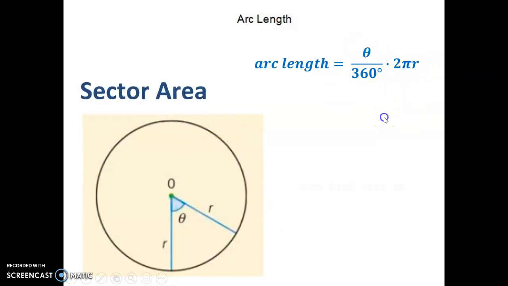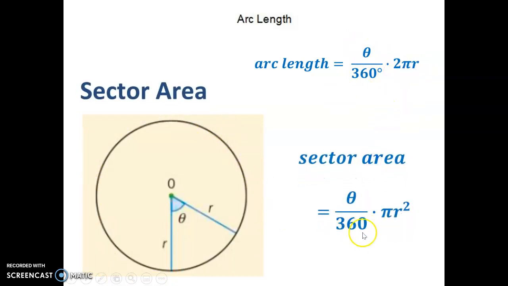But now, with sector area, doing the same thing, we find the portion, but instead of multiplying by circumference, we're multiplying by the area, because sector area is a portion of the full area. So just remember that little difference, and if you really ponder it, it makes absolute sense. Circumference, area, let's move on.